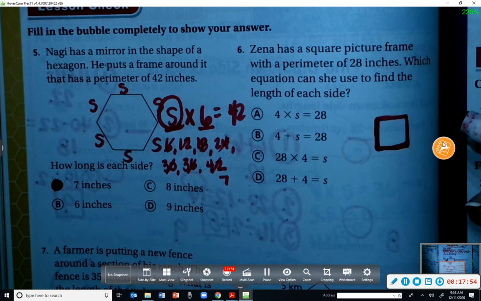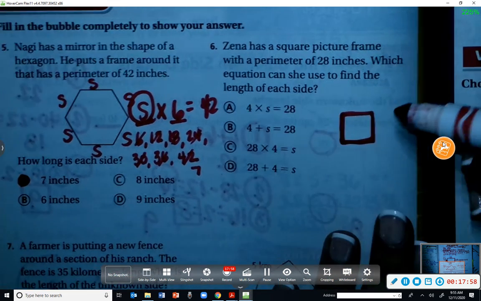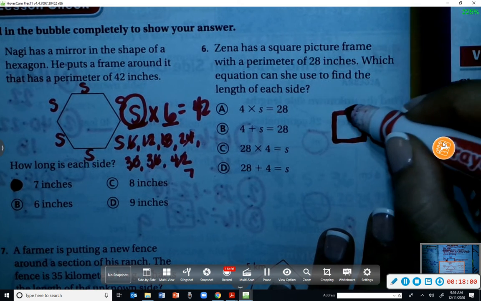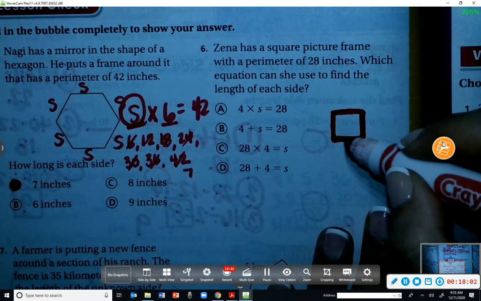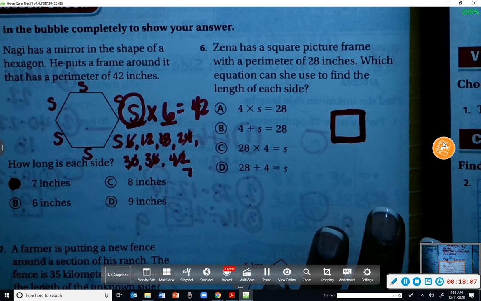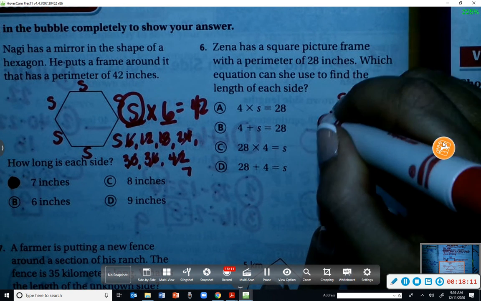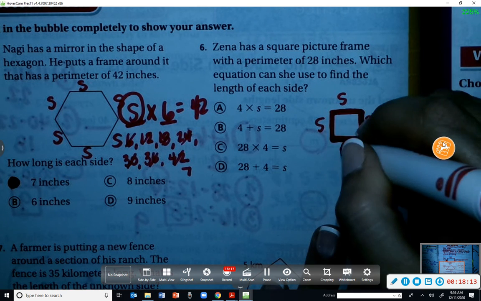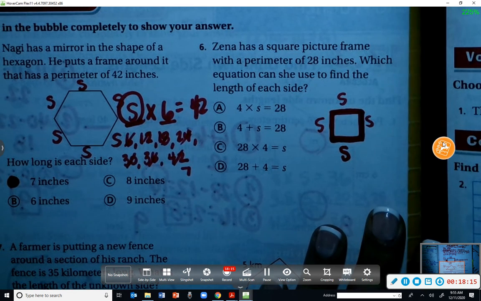That makes it special, that it has 4 sides? No. What is special about a square? What about the sides, Brandon? They're all equal. They're all equal. So I would have S, S, S, S, because they're all going to be the same number on each side.